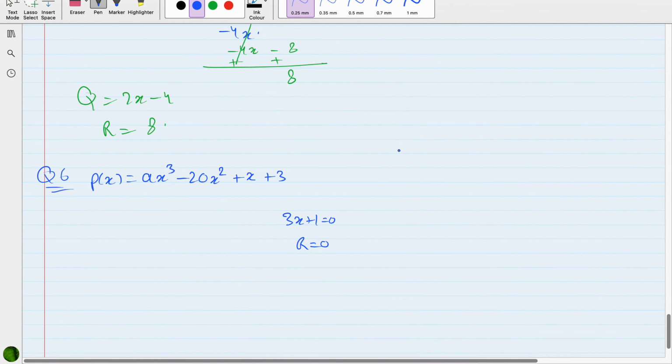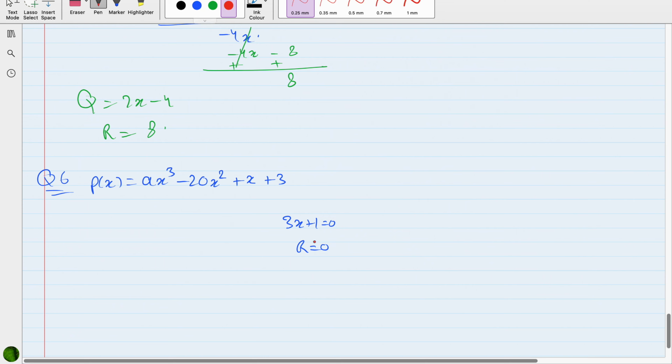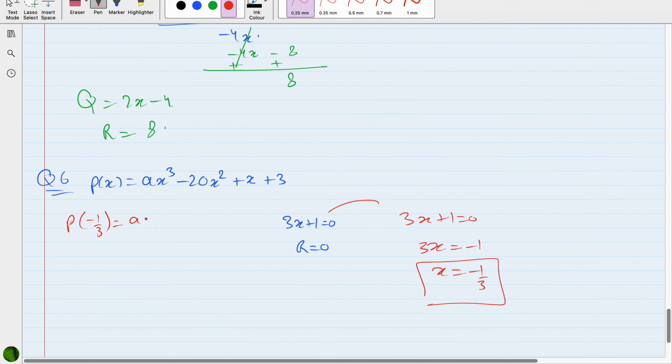Okay. So when it is a factor, we use this. So 3x plus 1 equal to 0. 3x is equal to negative 1. x is equal to negative 1 by 3. p of minus 1 by 3: a into minus 1 by 3 cube minus 20 into minus 1 by 3 squared plus minus 1 by 3 plus 3, and remainder is 0. Negative a over 3 cube is 27.